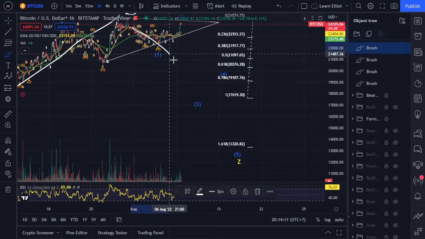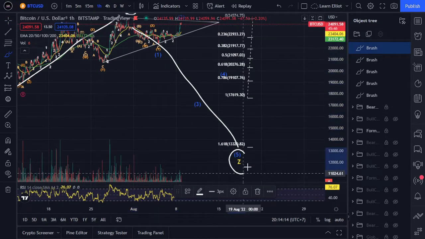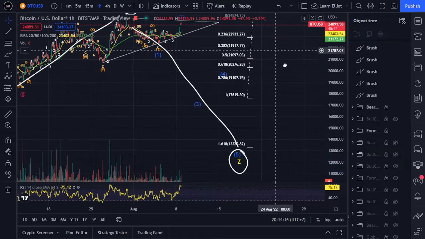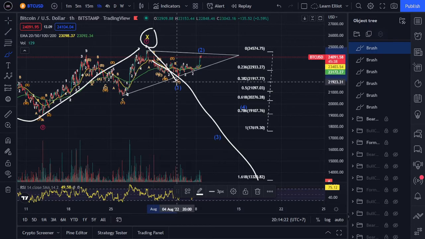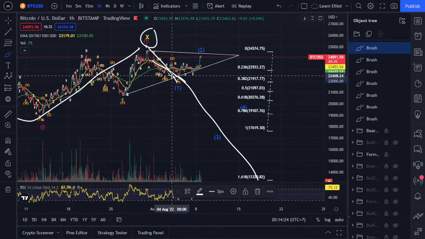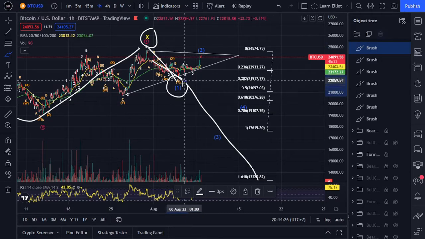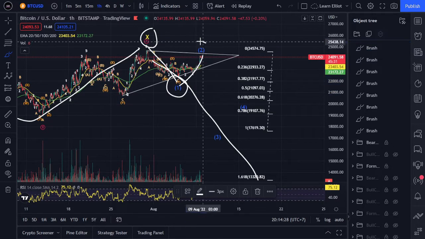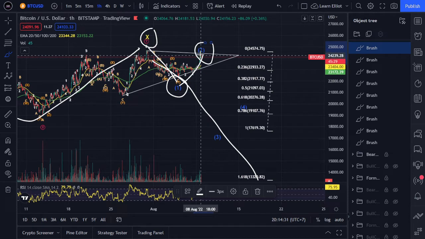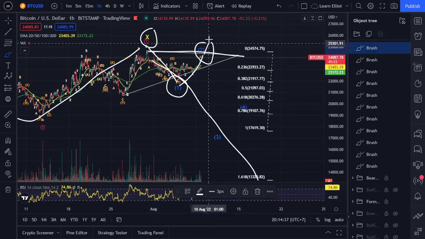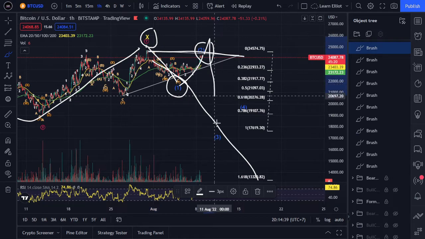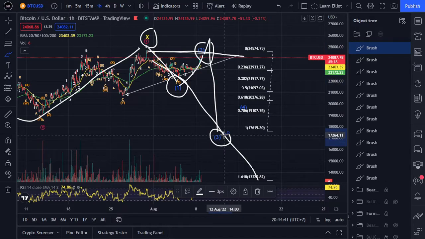So we are going to make an impulsive move to around here, 10K or 8800. And I also assume that this movement here is an impulsive wave, the first wave, and we are now in a correction to the second wave here. And after that, if this resistance level here, as you can see, the price cannot break, maybe it will go to this third impulsive wave.